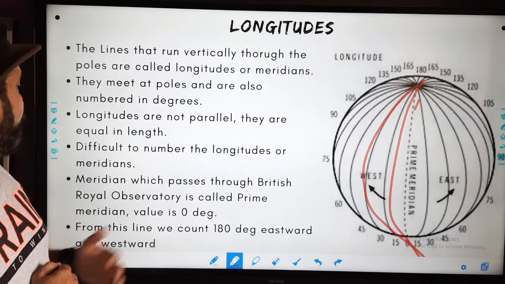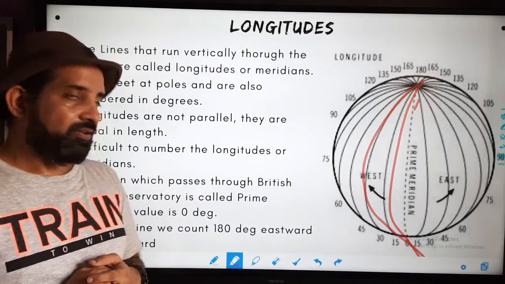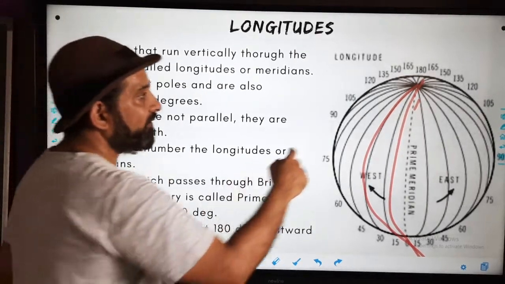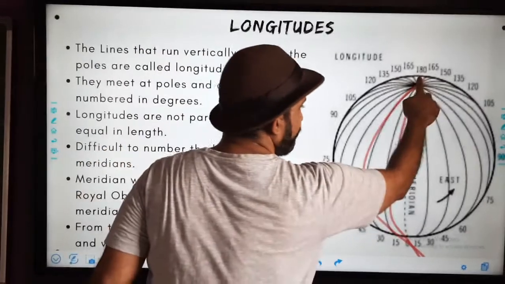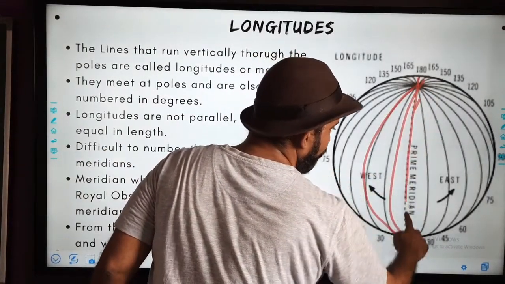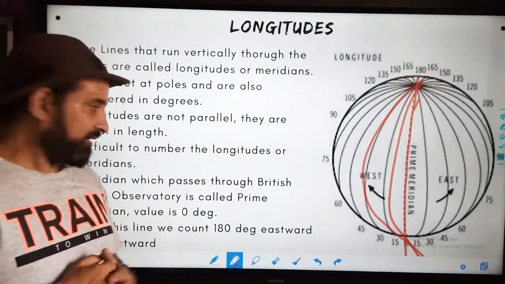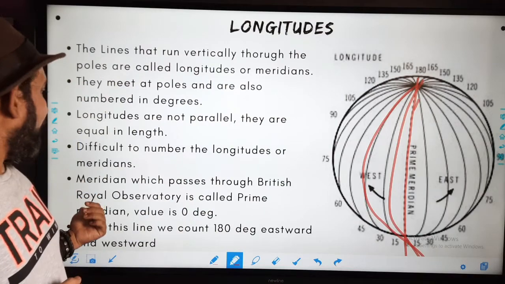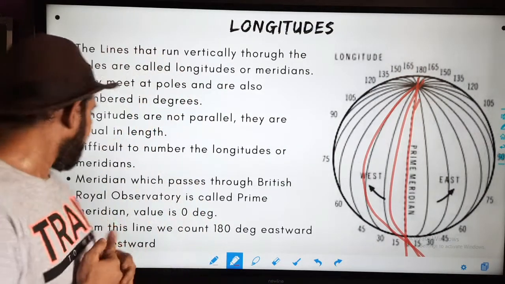Meridian which passes through British Royal Observatory is called prime meridian. So this is the meridian, because longitudes are also called meridians. This longitude which passes through the British Royal Observatory location is called prime meridian. And it is marked as 0 degrees. Even longitudes are measured in degrees.